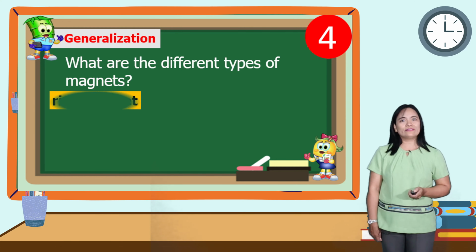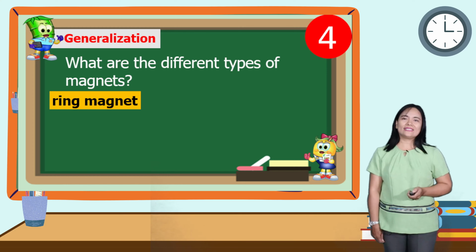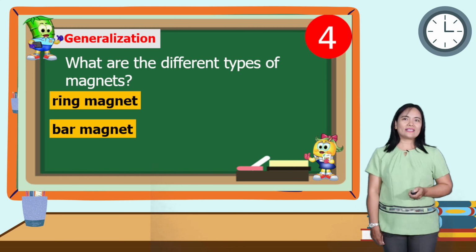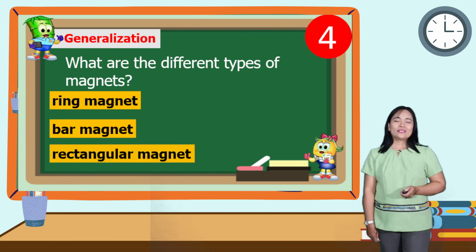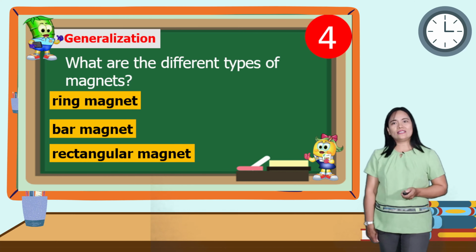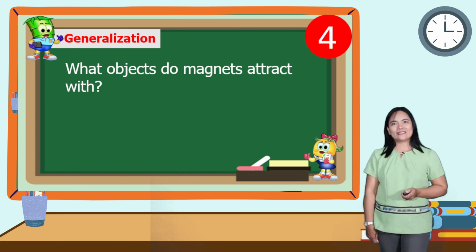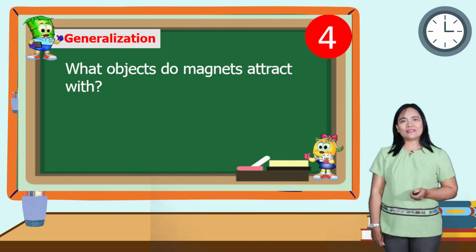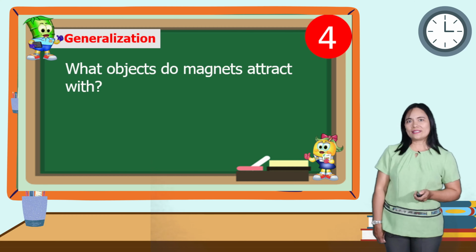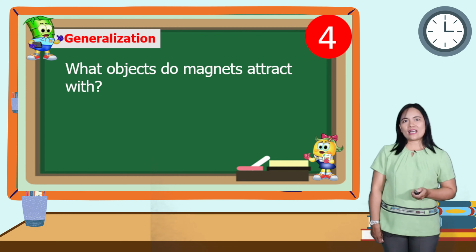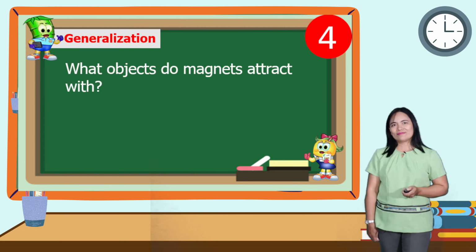What are the different types of magnets? We have the ring magnet, bar magnet, rectangular magnet, and the last one, we have the horseshoe magnet. What objects do magnets attract with? What's your answer? Will you write it down in the comment box?